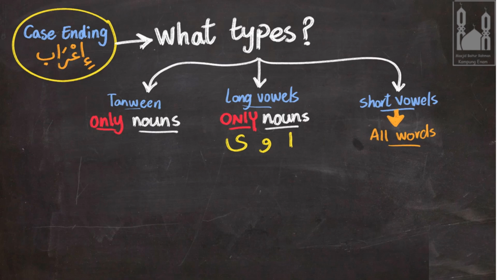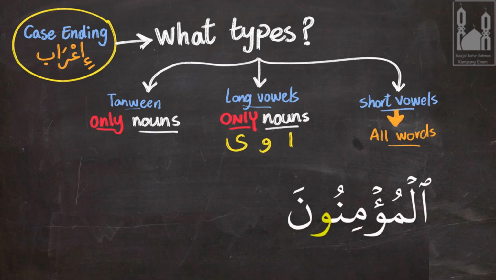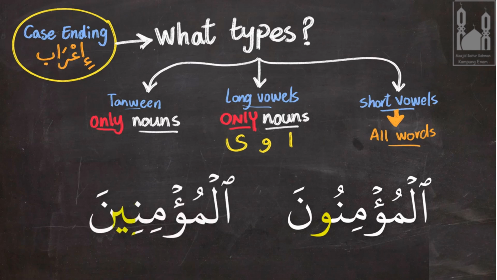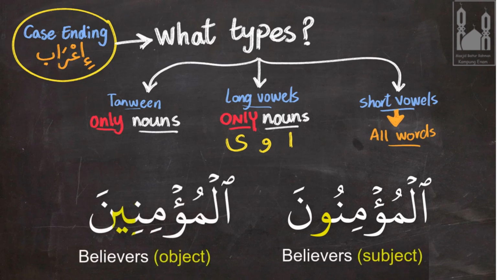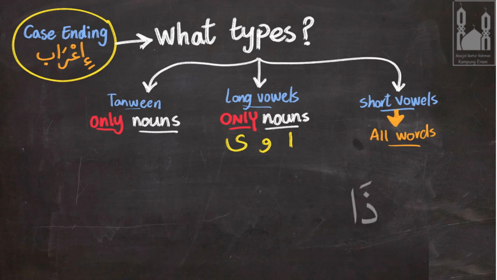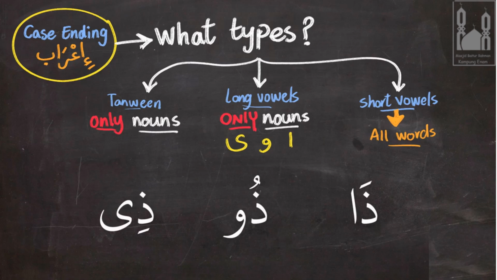So when we say al-mu'minun and al-mu'minin, they are exactly the same word, but they have different functions. Other words like the, thu, the, which we learned in lesson 7 of the How to Understand 50% of Quranic Vocabulary series. The same story, all of them mean the same thing, but they have different functions.